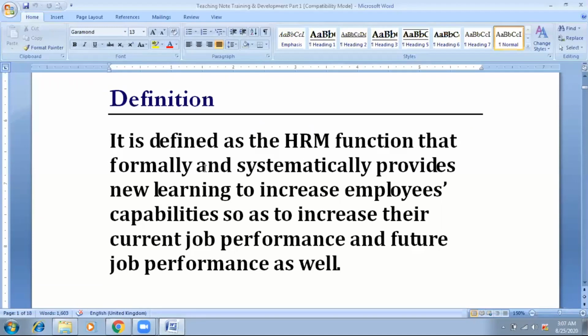So that involves a formal and systematic attempt to give a new learning to the employees in order to increase their capabilities, their abilities, for the purpose of increasing their current job performance as well as future job performance.